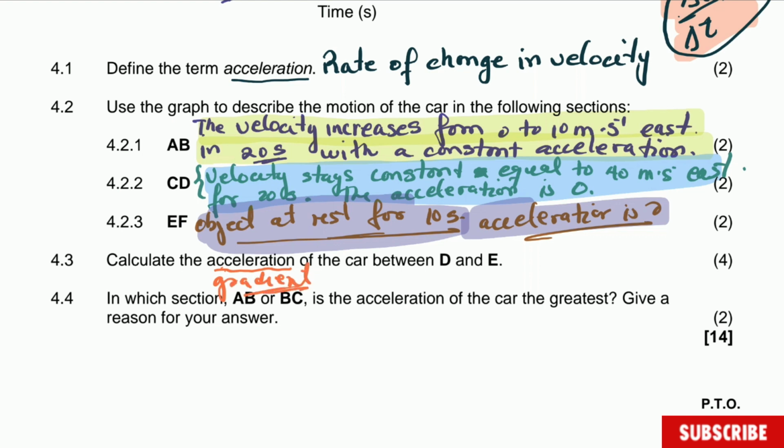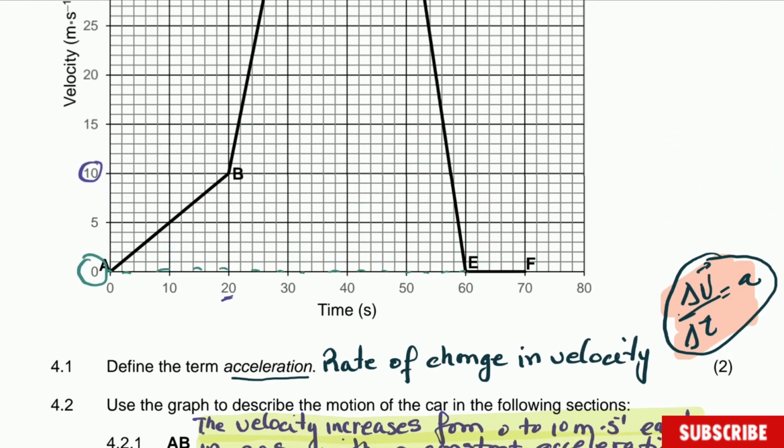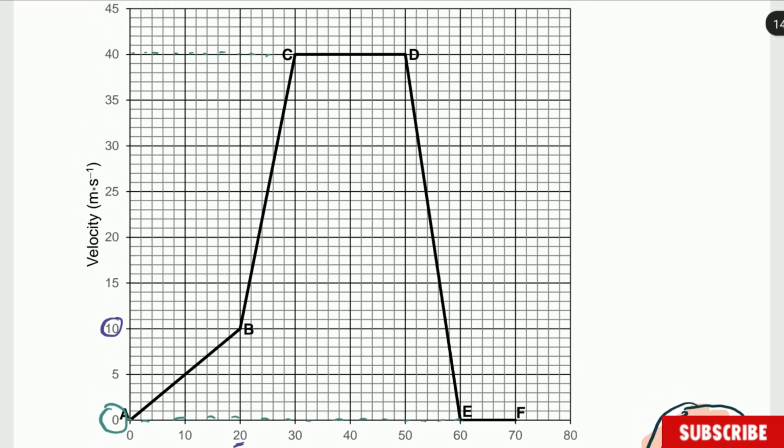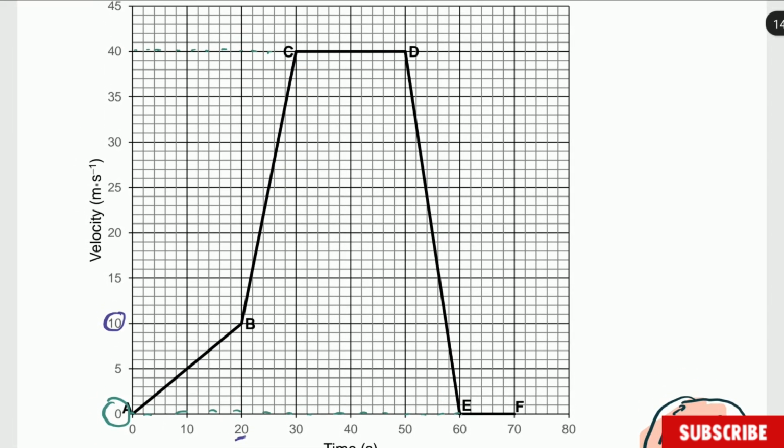We're working with DE, and DE is this section here. We are going to calculate using the gradient.